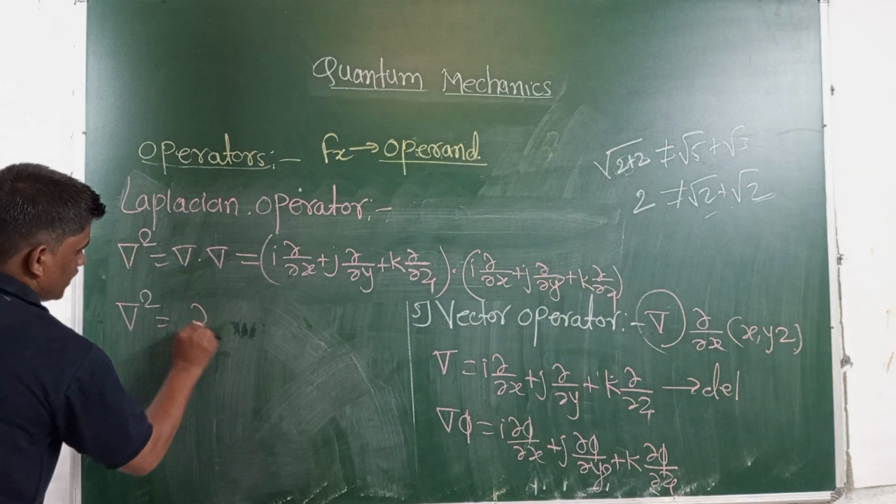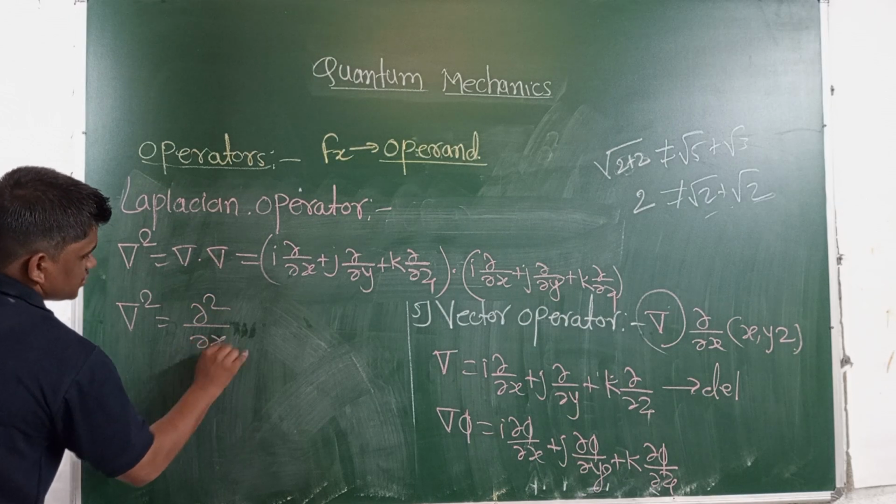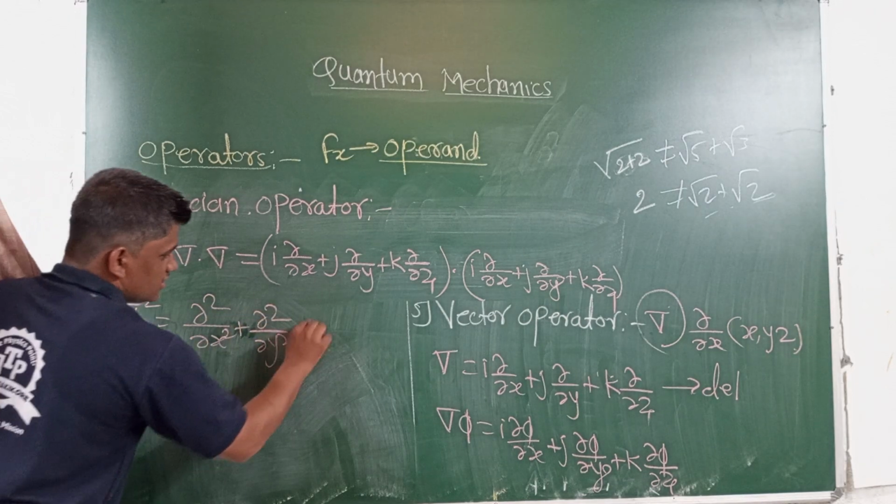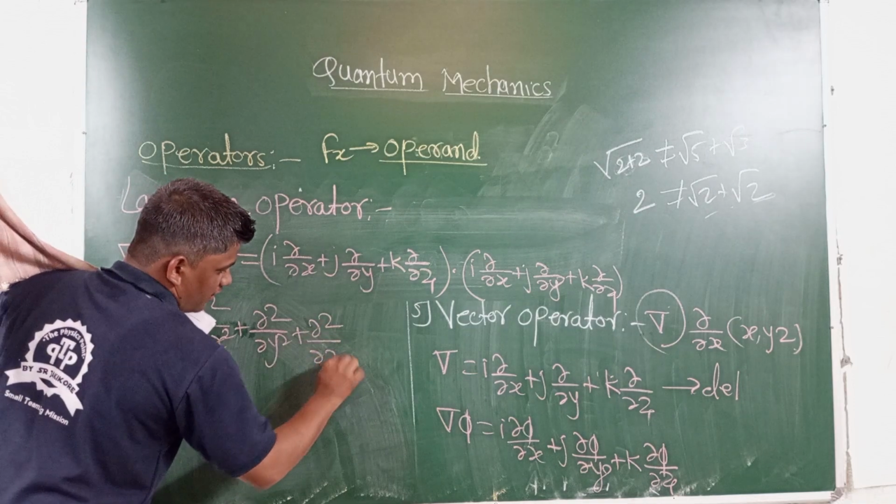When taking the product, we get del 2 by del x square plus del 2 by del y square plus del 2 by del z square.